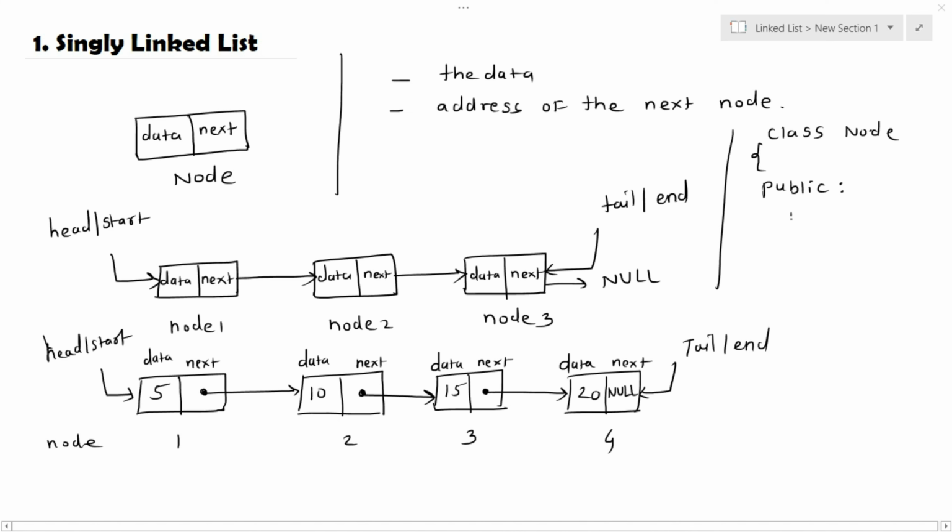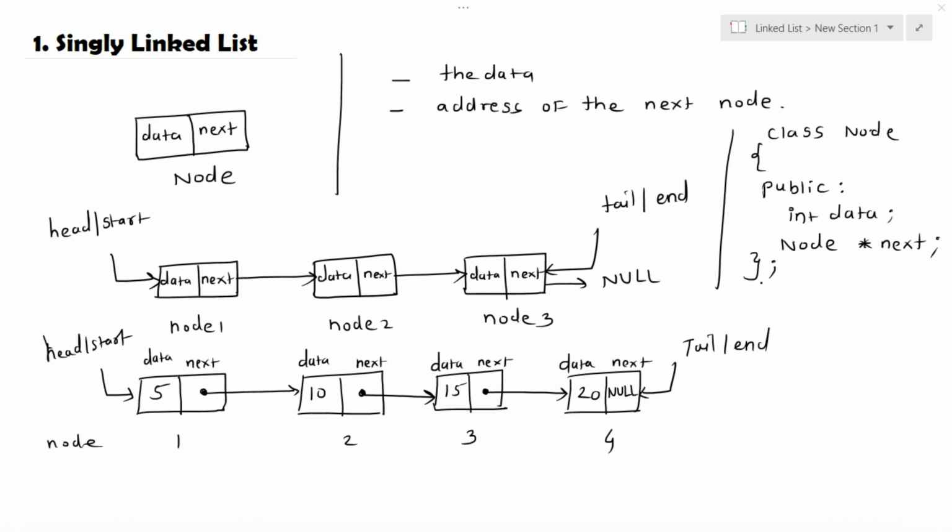The first bucket is data, for example of integer type, and the second bucket is a pointer to the next node. So next is a pointer variable which points to the address of the next node, and then closing curly bracket and end with a semicolon. So in this way we can create a singly linked list.